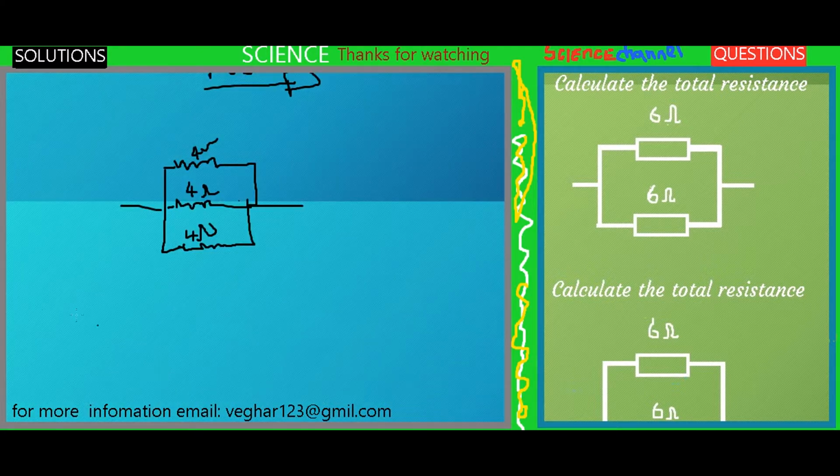The equation of a parallel resistor is like this.